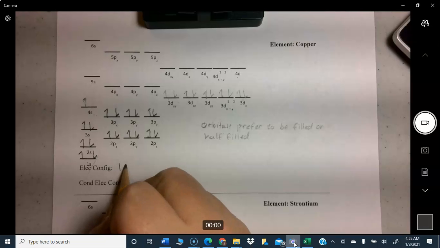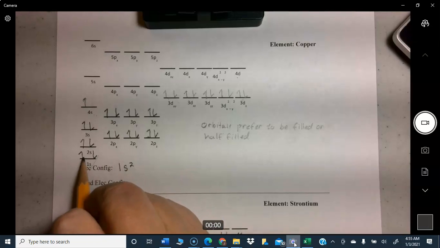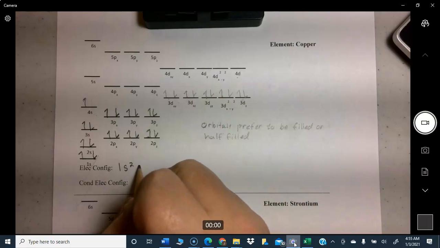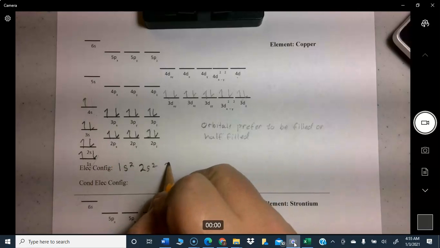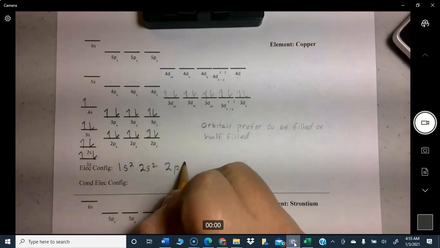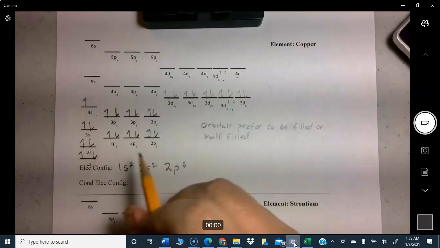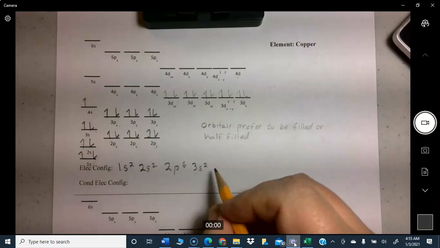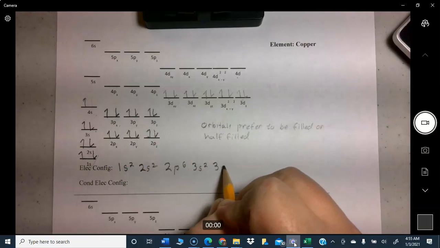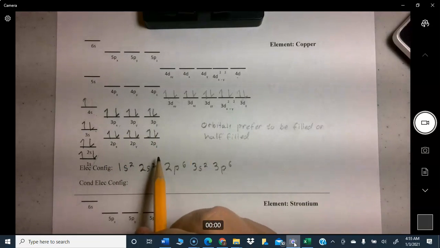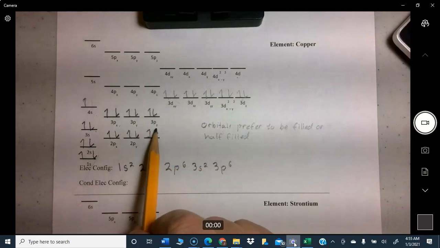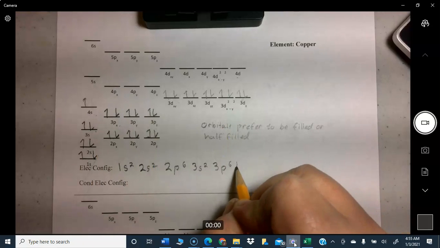It's 1s2. Again, the 1s has 2 electrons in it. Everything up there until you get to the end is going to be filled. So 2s2, then 2p6, and then 3s2, and then 3p6, then 4s1.